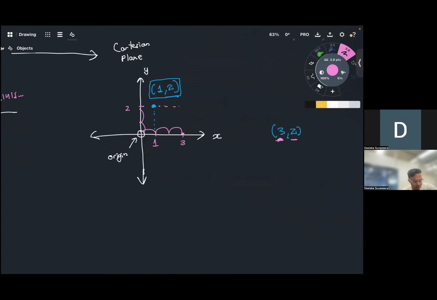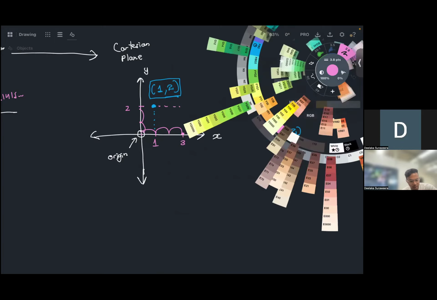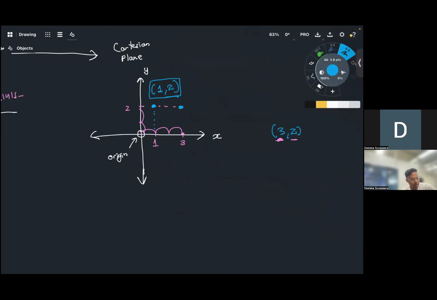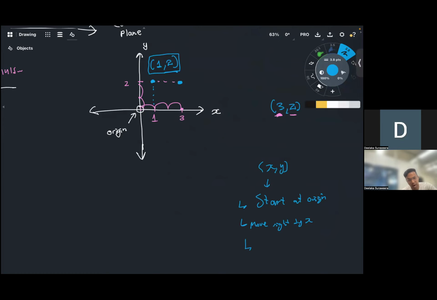So you get here, and the point is therefore here. That's just how it's defined. If it's (x, y), start at the origin, move right by x, and then move up by y.